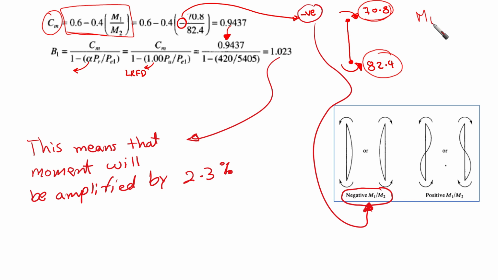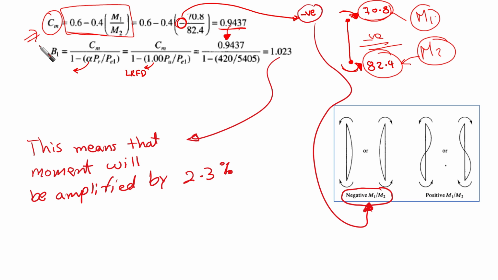Remember, M1 should be the smaller one, M2 should be the larger one. So we have 70.8 over 82.4. Is this positive or negative? Think about it. They are in opposite directions, so it would be negative in this case. So we're going to put it here negative. If you substitute here, you will get 0.9. Cm is going to be 0.9.